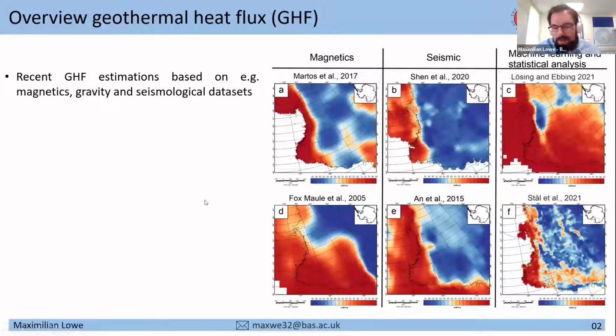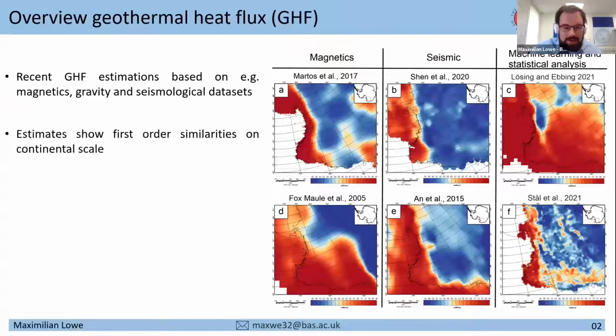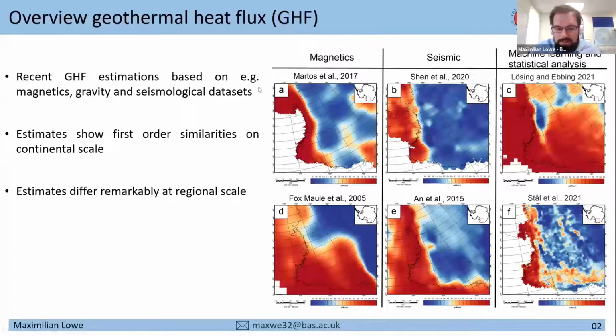All these continent-wide estimations agree quite well on the continental scale that East Antarctica is much colder than West Antarctica, but those models differ quite remarkably on local scales, which this figure illustrates. So we are far from having solved geothermal heat flux for Antarctica so far.